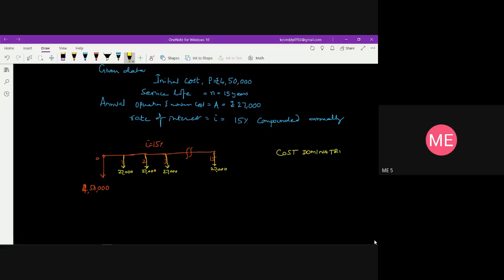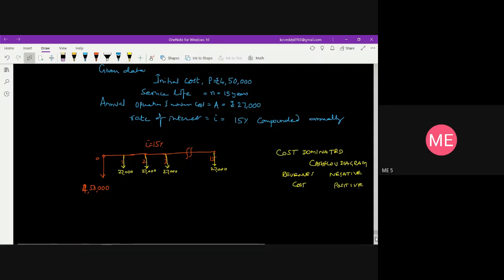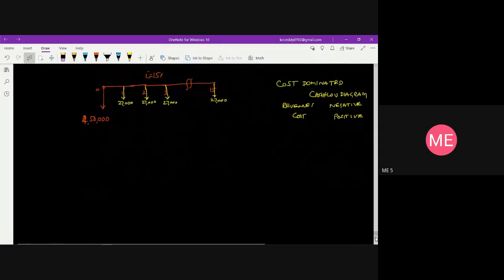In the previous problem, we discussed the revenue dominated, and this is the cost dominated cash flow diagram. In this, all the revenues will be taken as negative, and all the expenditures, all costs, will be taken as positive.